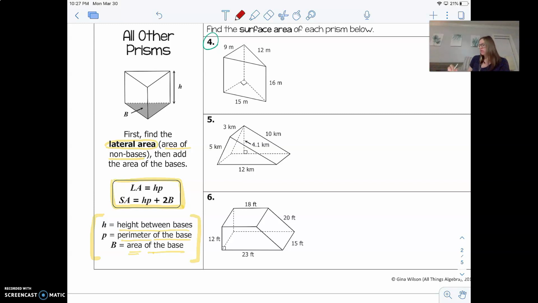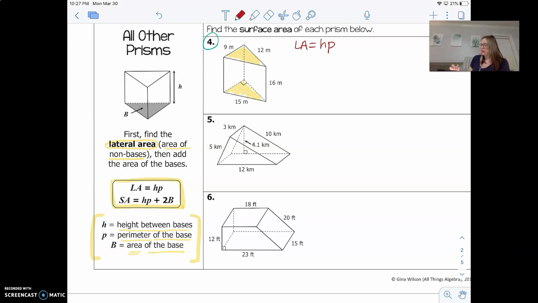So we want to find the surface area of each prism, starting with the lateral area. So lateral area is height of the prism times perimeter of the base. Okay. Height of the prism is the distance between the two bases. So you identify this as one base, and then this as the other base.